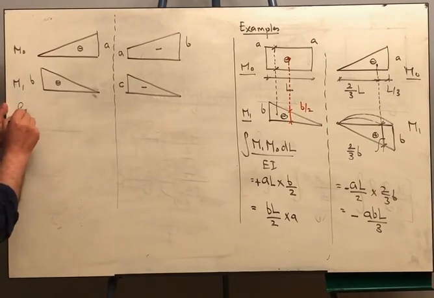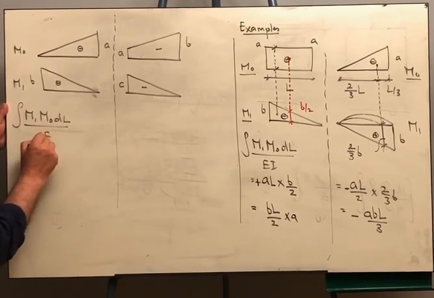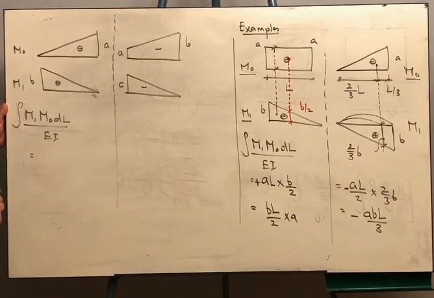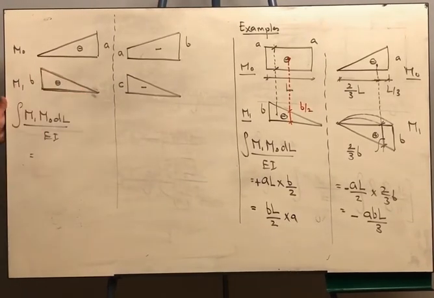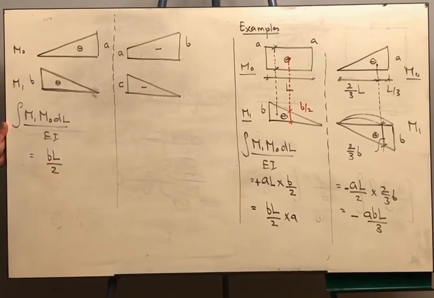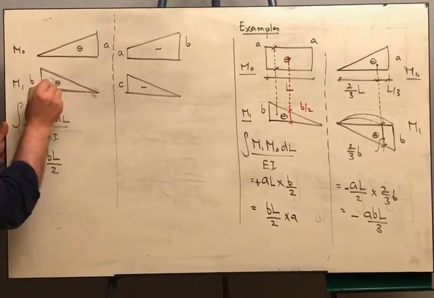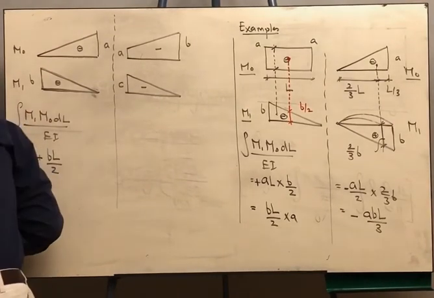So integral M1 M naught dl over EI equals, I will start by the area of that one or the area of that one, it doesn't matter. Let me start with the area of the M1 diagram. So it is BL over 2. Now this is negative and negative, so the result should be positive. Where is the centroid?